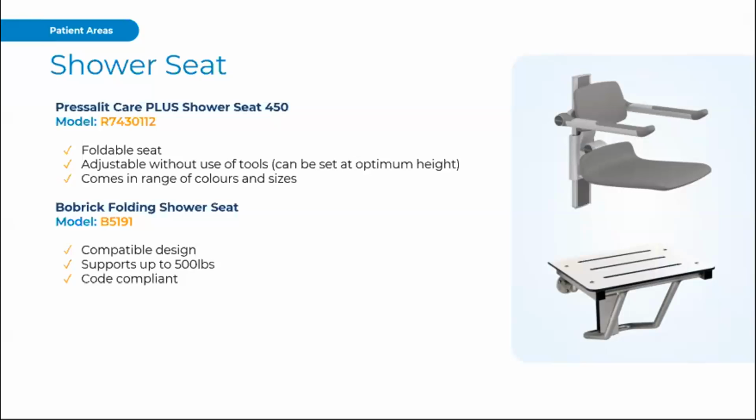So that's our minimum. But again, this is an area where an owner may want to differentiate themselves. The Presto-Lite care shower seat shown in the top right allows staff to adjust the seat vertically, and some models even horizontally. These can be done pneumatically or electronically.